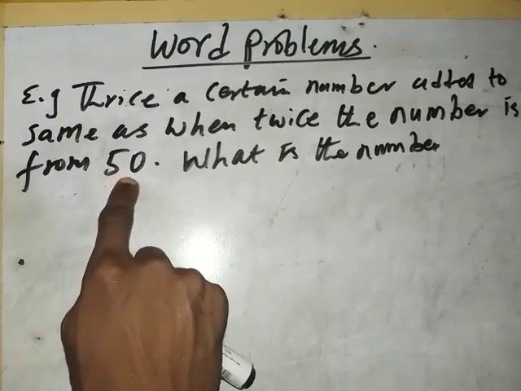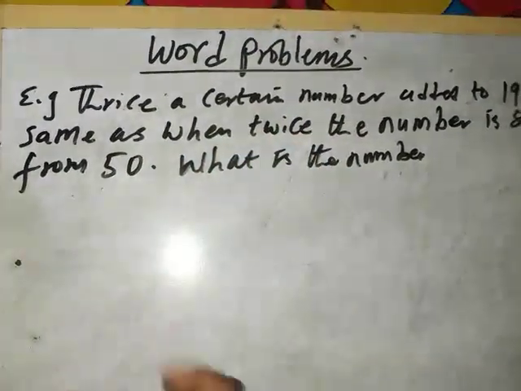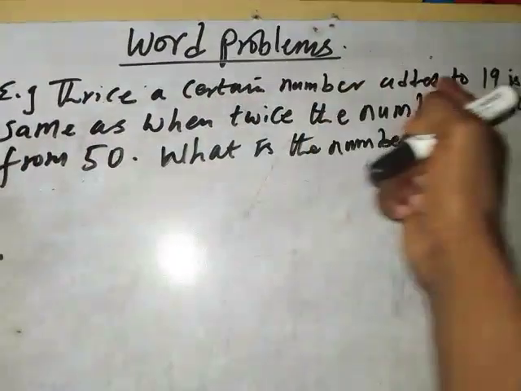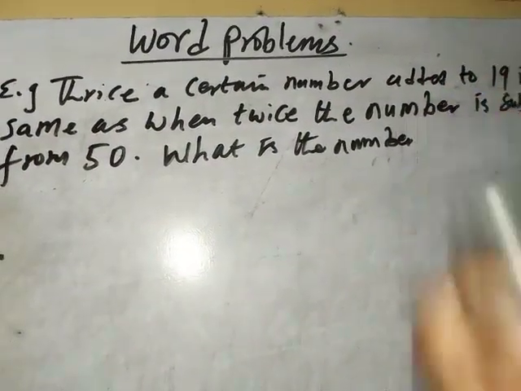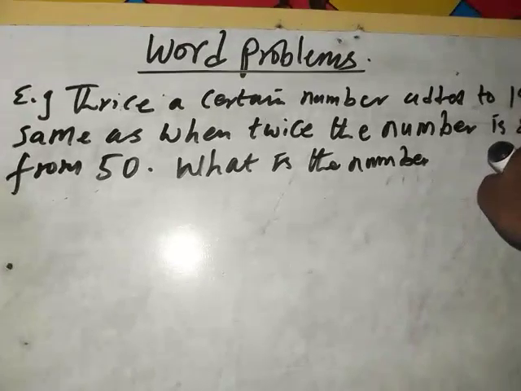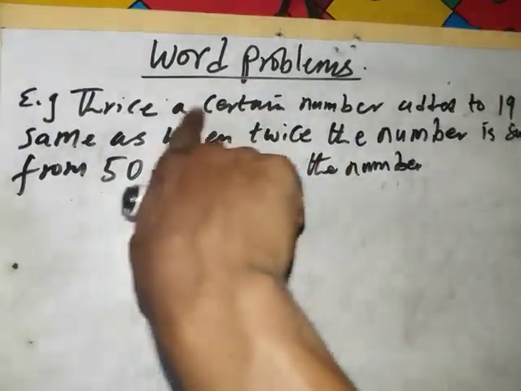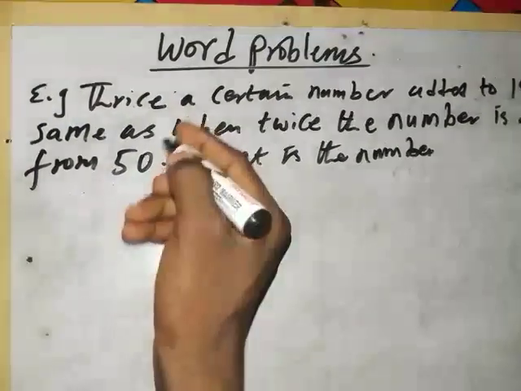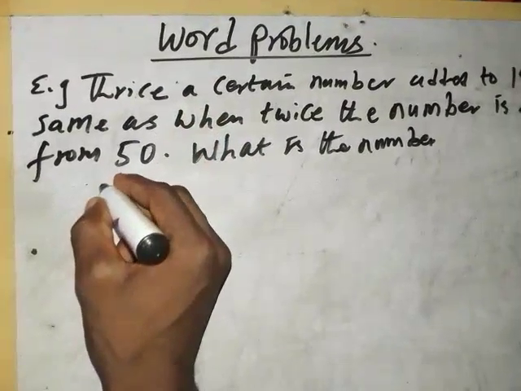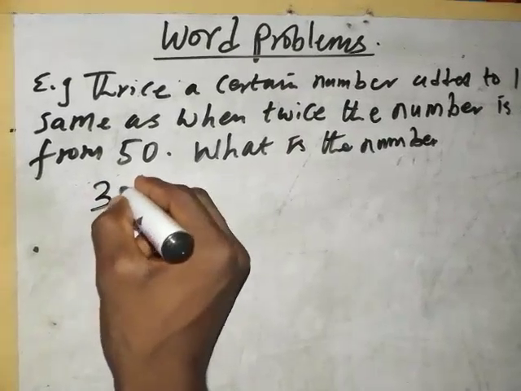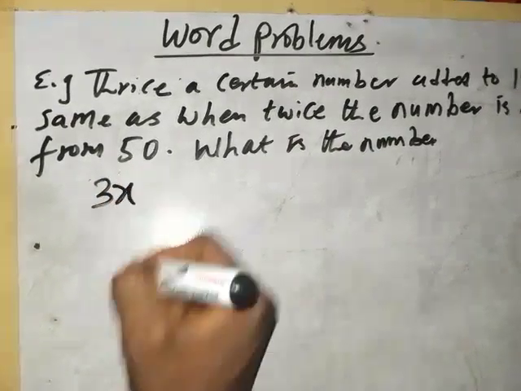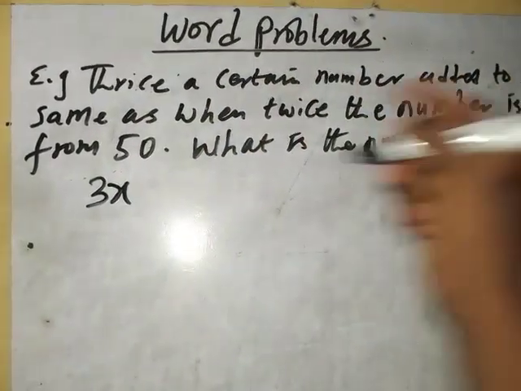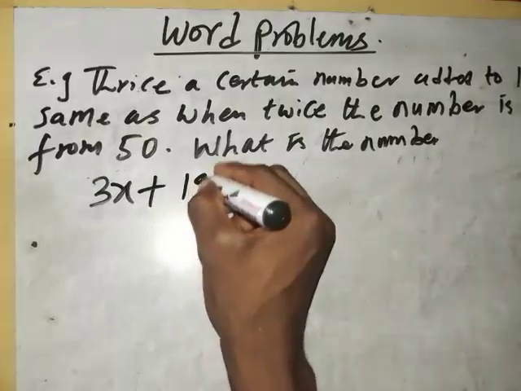Are you there? So thrice a certain number is 3x. That number is added to 19, so whether you say 19 plus 3x or 3x plus 19, remember plus does not change anything. So we can say thrice a number, let the number be x, is added to 19.